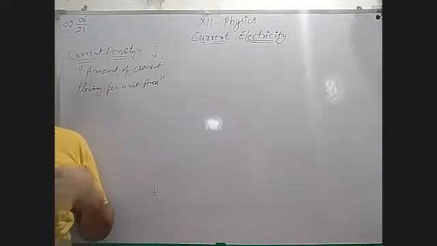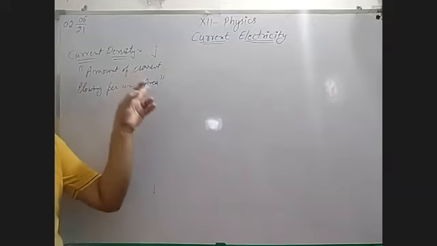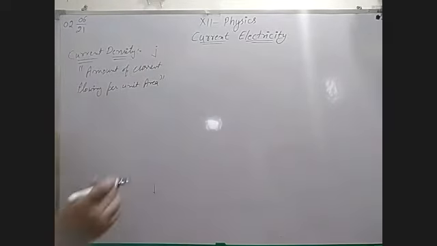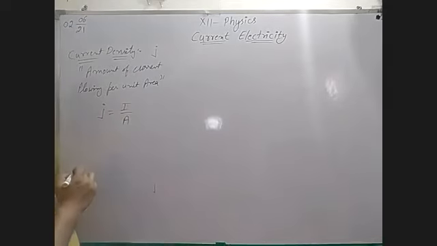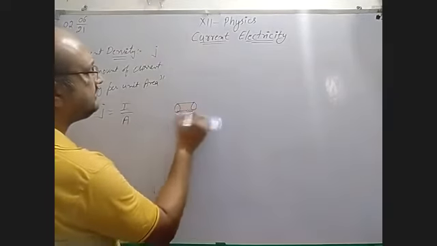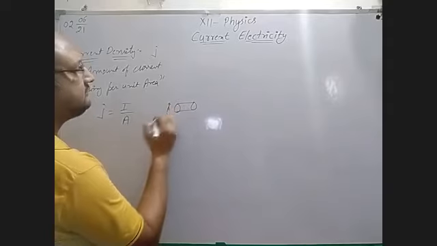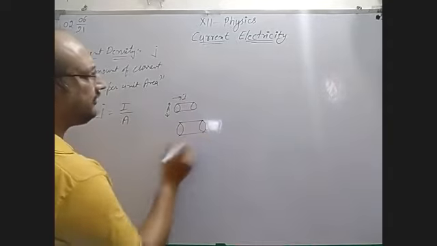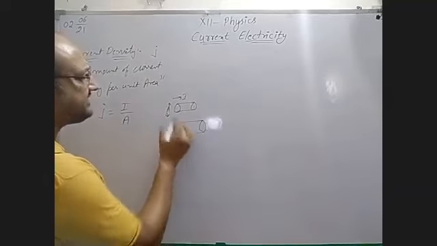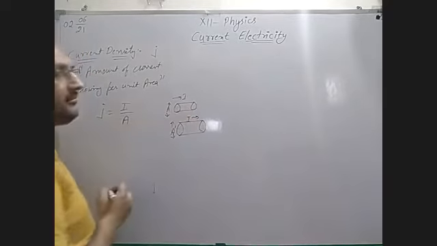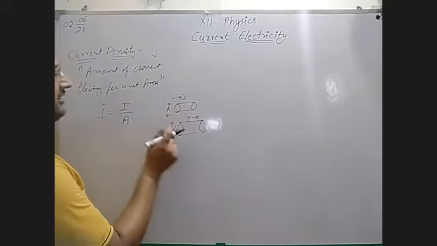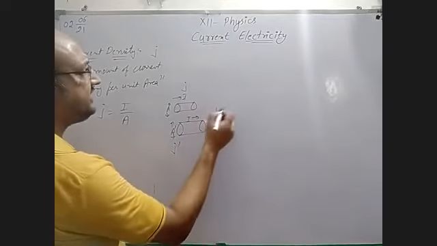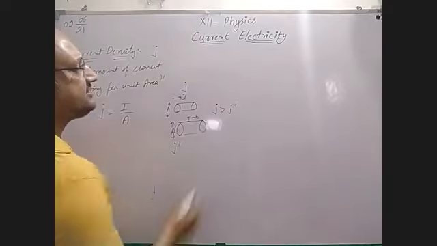So, observe, you have to find the current per area. If the area is less and the current is more, then current density will be more. In this, you can see, if a road has a small cross-sectional area and current is I flowing through it, and another has area A dash, which is large compared to the first one, with the same current, then the value of J is more than the value of J dash.